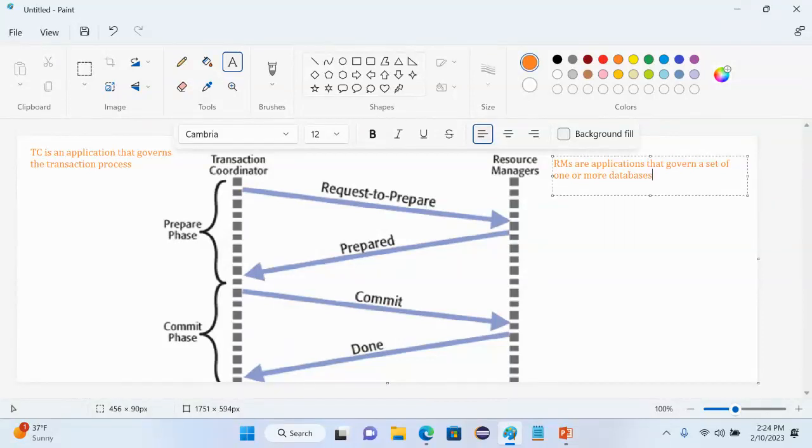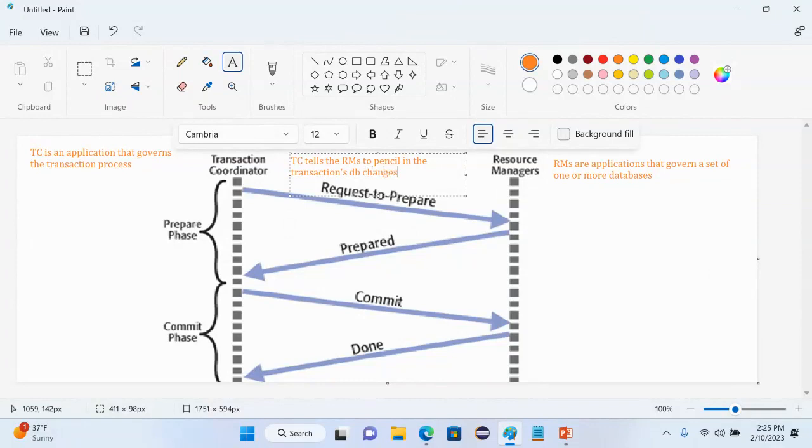Okay? All right, so the way it's going to start, somebody clicks buy on Amazon, and that launches the transaction process. So the first thing, the TC tells the RMs, I'm going to put it over here, a request to prepare. The TC tells the RMs to pencil in the transaction's database changes.